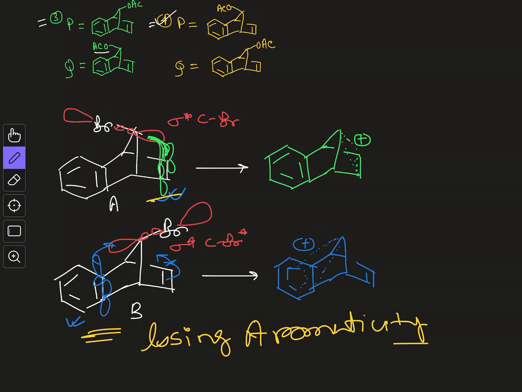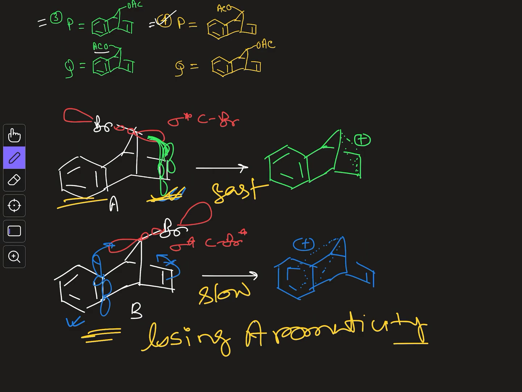Whereas in this case you can see only the pi bond is participating and the aromaticity of the benzene ring is intact. So there is no harm to the aromaticity of the benzene ring. So of course the pi bond is more willing to participate in this neighboring group participation, and that's why this step will be fast. This will be fast, this will be comparatively slow.